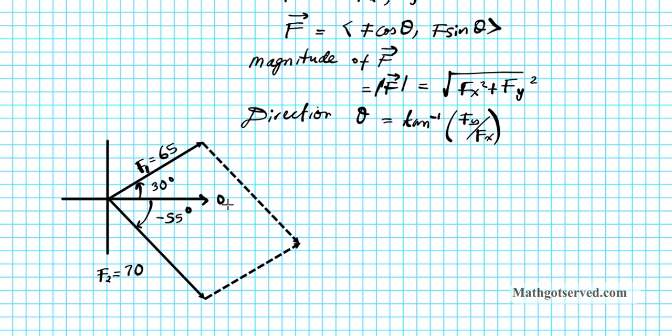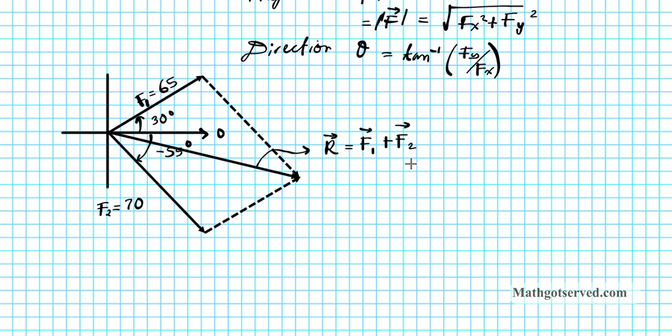In order to easily find F1 plus F2, I'm going to express these two in component form, and then simply add the components to find vector R. So let's start with vector F1. Let's write it in component form: 65 cosine 30 degrees for the x component, and 65 sine 30 degrees for the y component.